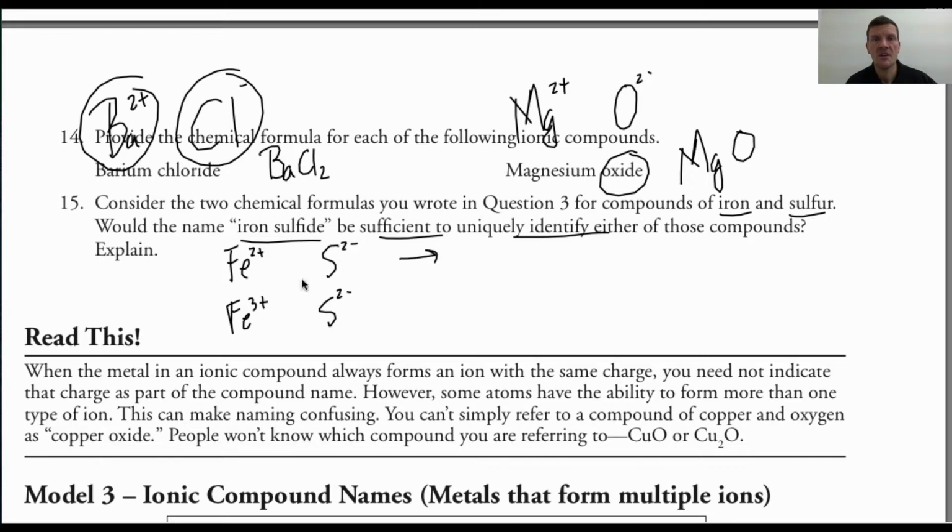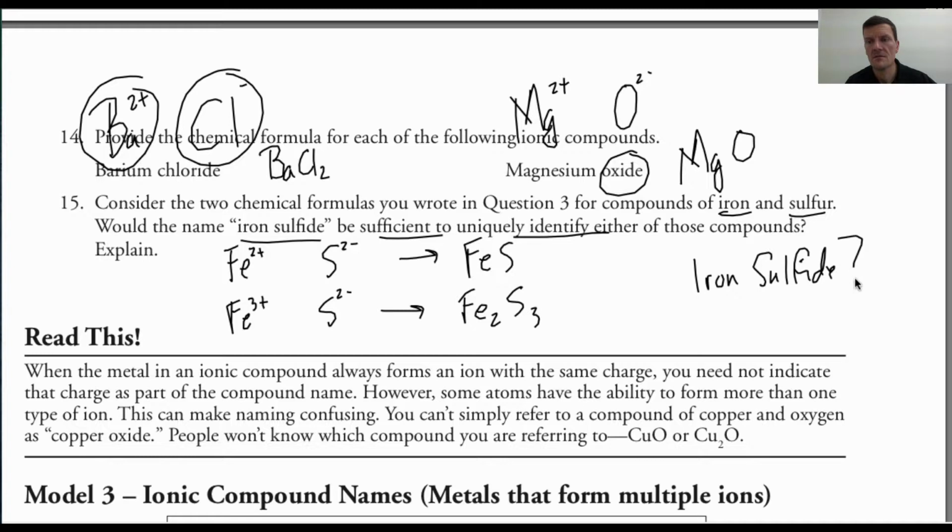This one, they are going to form a compound in a 1-to-1 ratio. This one is going to form a compound in a 2-to-3 ratio. So we cannot just say iron sulfide. Because which one are we talking about? Are we talking about the FeS or Fe2S3?